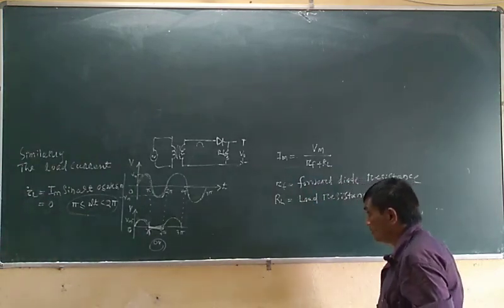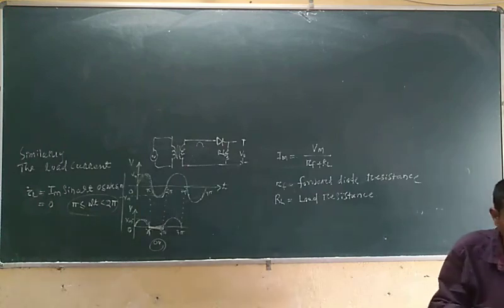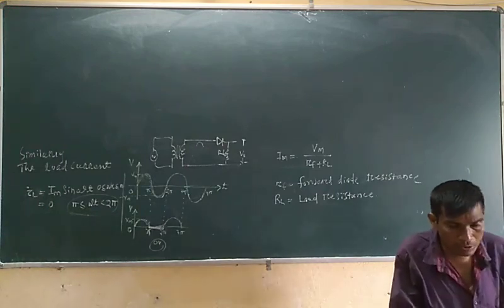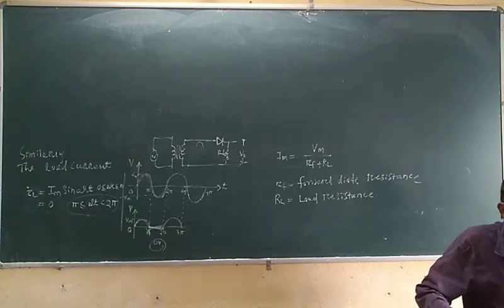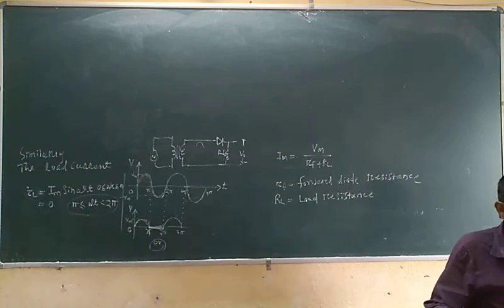Now Rf, forward diode resistance. When a diode is constructed from p-type and n-type semiconductor, the junction is created by combining p-type and n-type semiconductor.